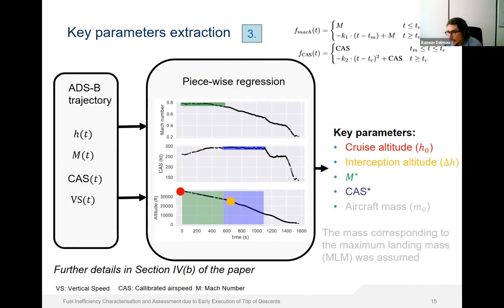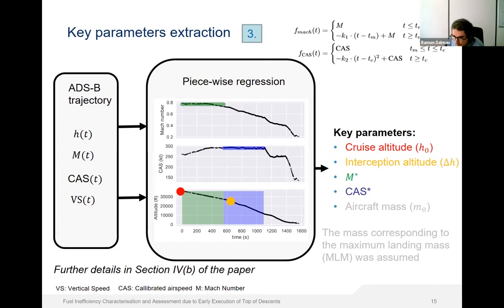Now, let's imagine that we detected an early descent from this ADS-B data using the previous method. This slide illustrates how to extract the key parameters, also from ADS-B, that are required to evaluate the lookup table and compute the additional fuel consumption with respect to the unknown trajectory plan.